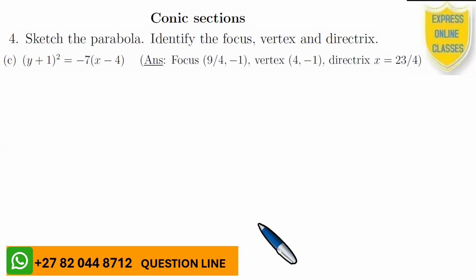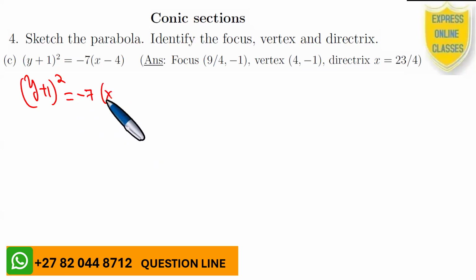Okay, now we're going to revisit 4C. Right, looking at 4C, we have exactly the following. You see, it is y plus 1 squared, which is x minus 4.